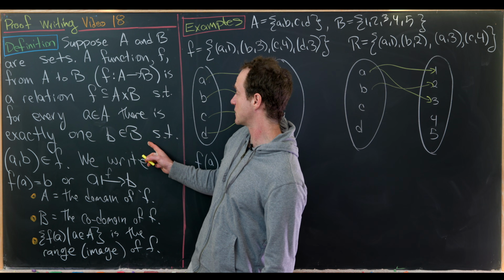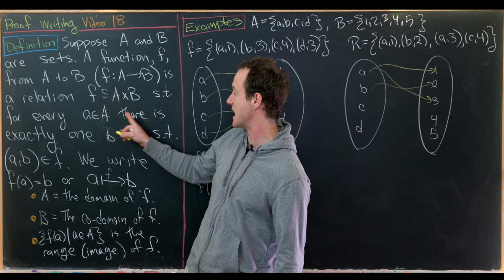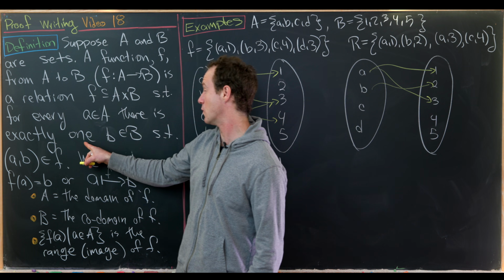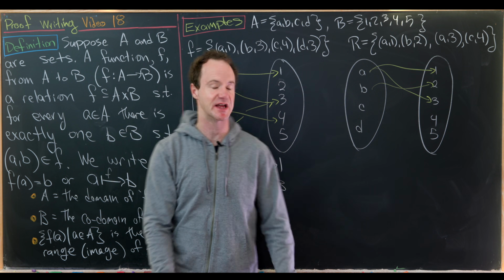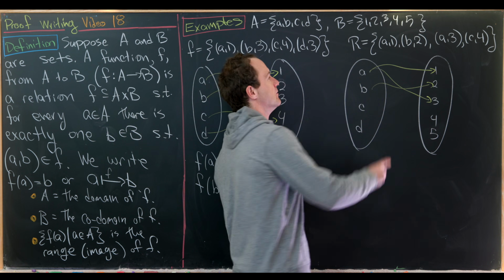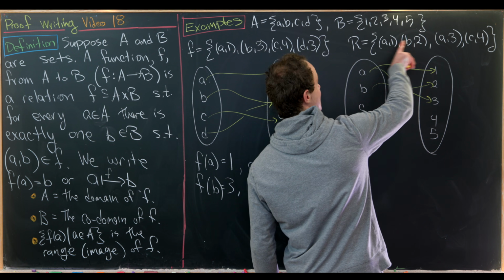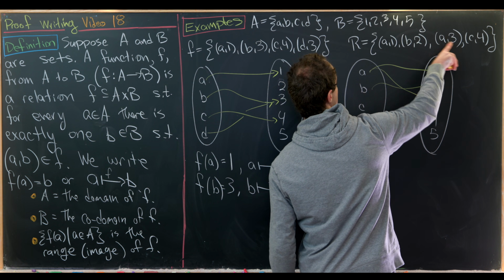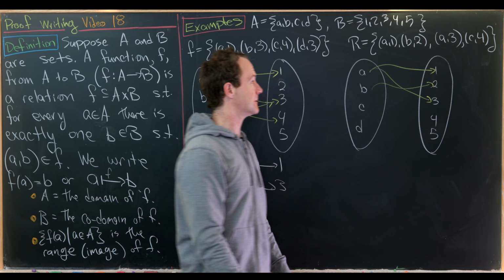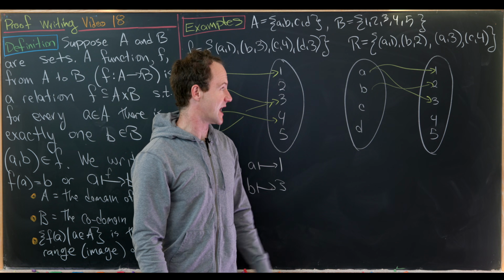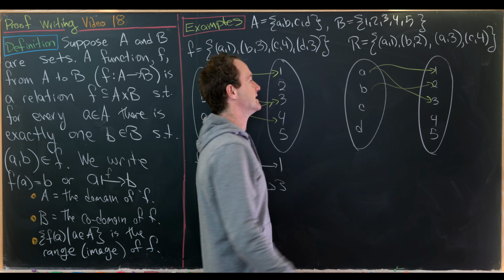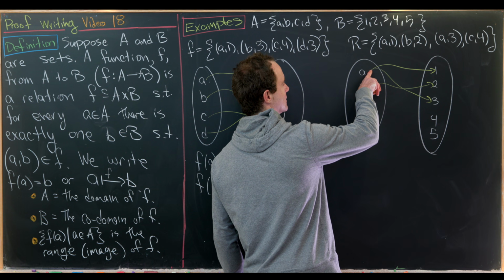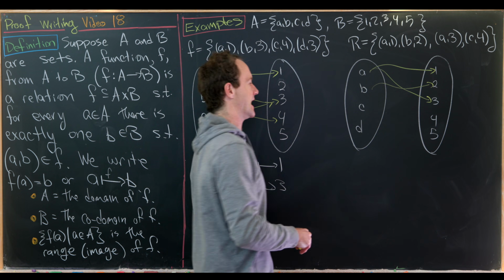Notice that for every a in A, there should be exactly one b in B such that (a, b) is in f. But this a is connected to two elements from B, 1 and 3. That's how you can see it in the set. In the picture, we can see that as having two tails of arrows based at a.